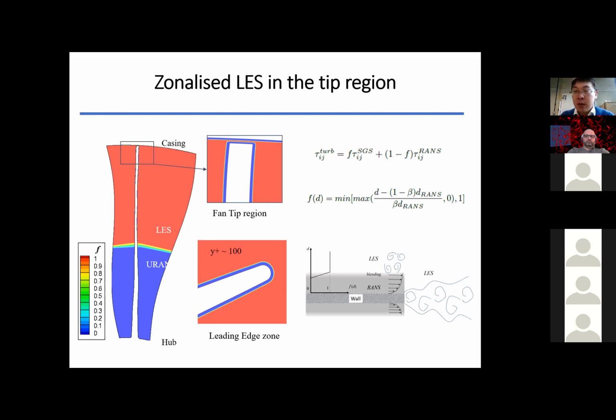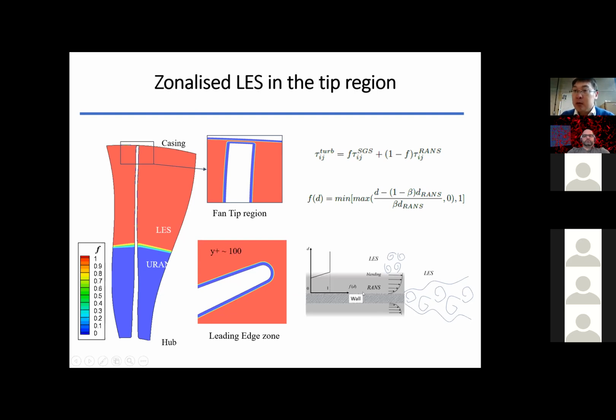But if you zoom in towards the wall, you will see we have a very thin RANS layer around y+ 100 to model parts of the boundary layers. So it's like a wall-modeled LES in a sense. So the bottom right figure just illustrates how that works out.